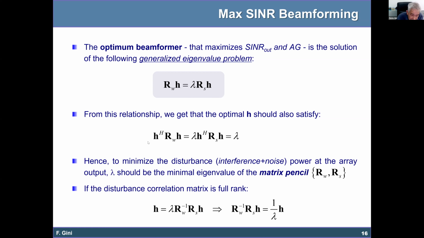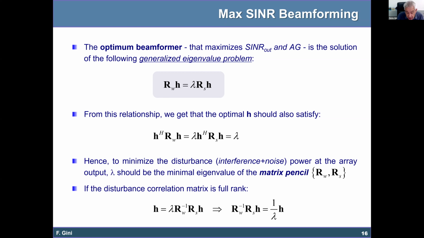And if we want to minimize this, lambda should be the minimal eigenvalue of what is called matrix pencil, which is the couple of these two matrices. So in other words, lambda, the Lagrange multiplier, should be the minimum eigenvalue for this generalized eigenvector problem.